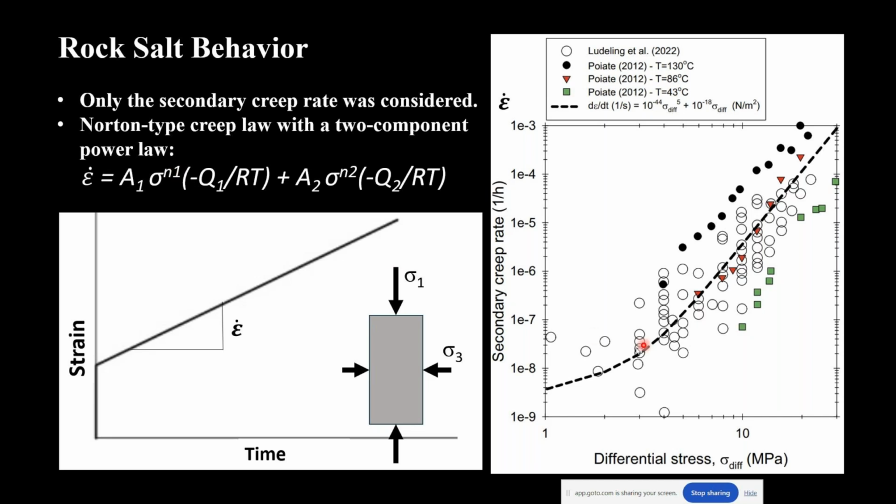For instance, for larger differential stresses, we usually have what they call the dislocation creep mechanism, so the grains of the salt are moving in relation to each other, and when we have this mechanism, we usually have a larger stress exponent.